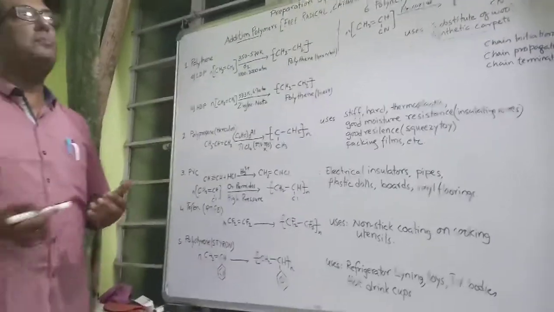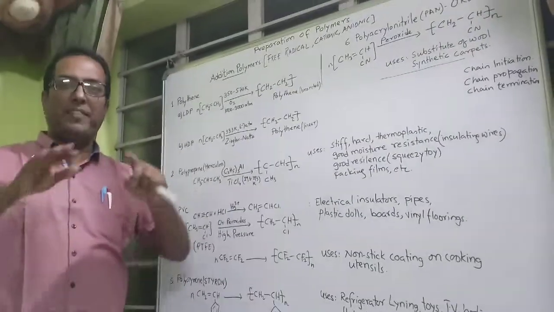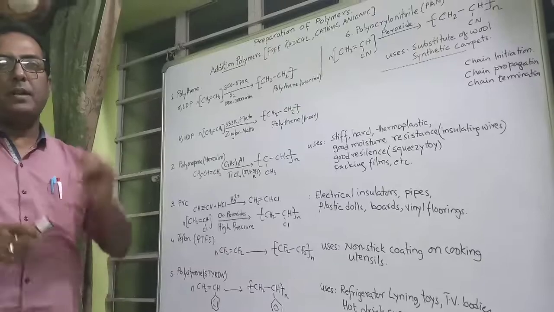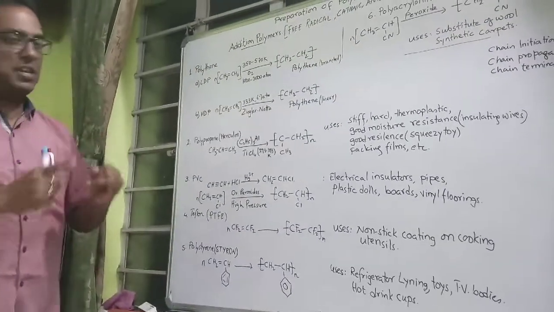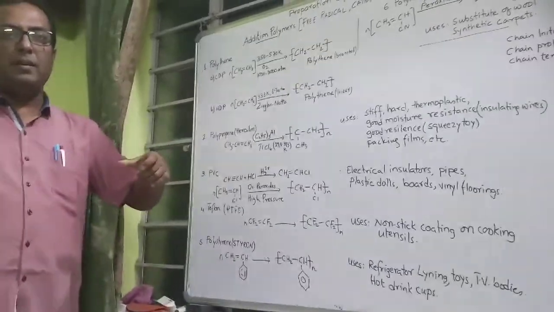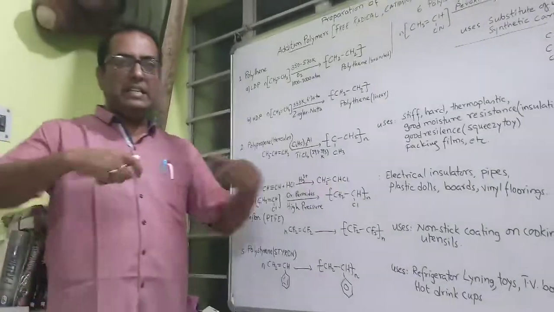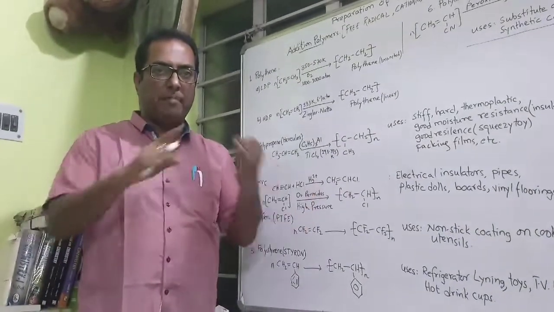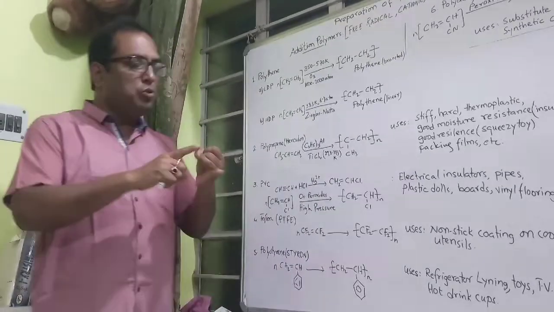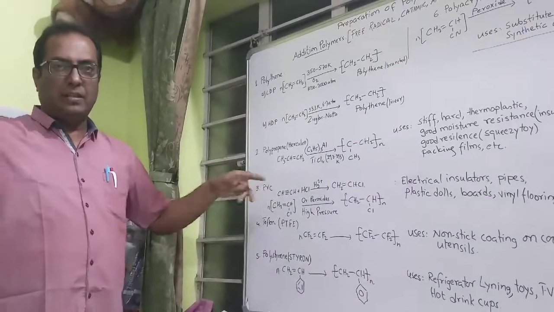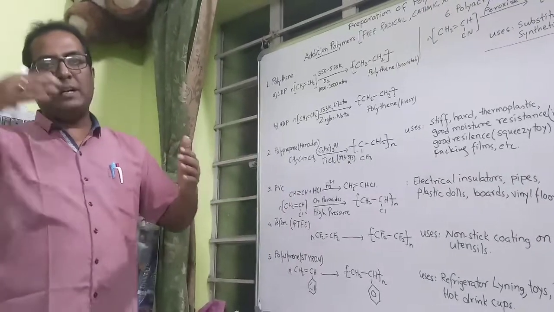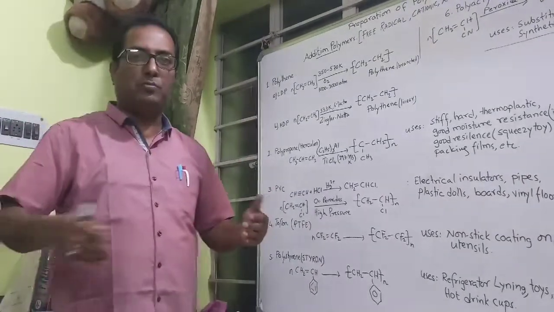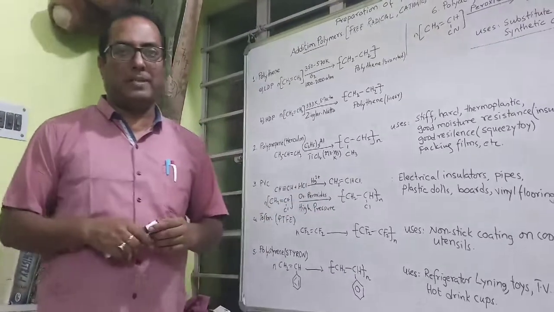In free radical polymerization, you have three steps. Number one is chain initiation, so it will start the chain. Number two, chain propagation. It will just go on propagating, one monomer linking with another monomer to form a large polymer.